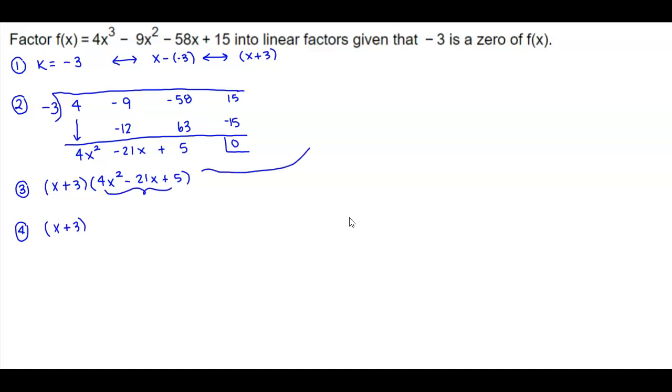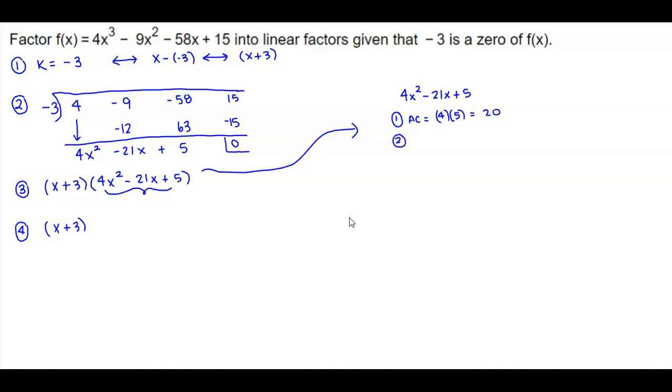So let's go ahead and do that. So we have 4x squared minus 21x plus 5. And so we're going to use the AC method to factor this. So recall that the AC method is taking 4 and multiplying that by 5, which gives us 20.